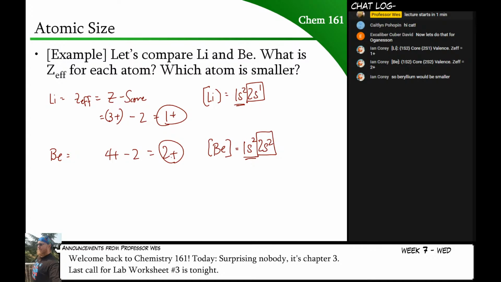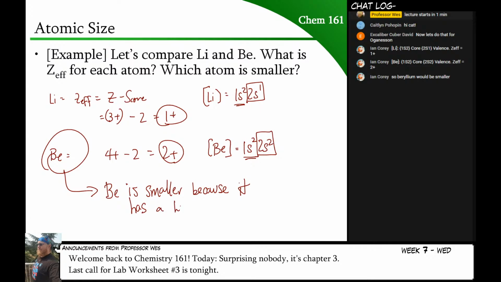Different Z effective. So beryllium has a Z effective of 2+, lithium has a Z effective of 1+. Which atom is smaller? The one with the bigger Z effective. And there you go. Because its Z effective is larger, it is a smaller atom relative to lithium.